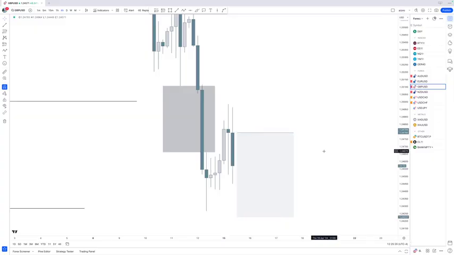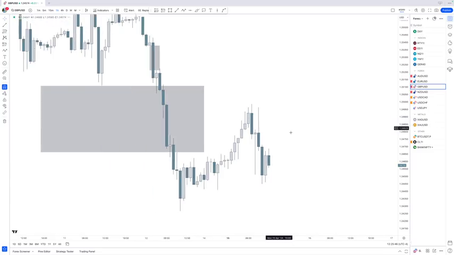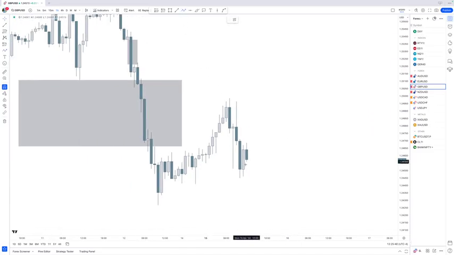Oftentimes you can find for yourself, you can go break even earlier than you think. And break even is again the same as an initial stop loss, where it's placed at areas where you do not expect a retracement towards. So ask yourself, if I was to actually look for an entry, would I be interested in a new entry if it was to retrace all the way back towards those highs right there?